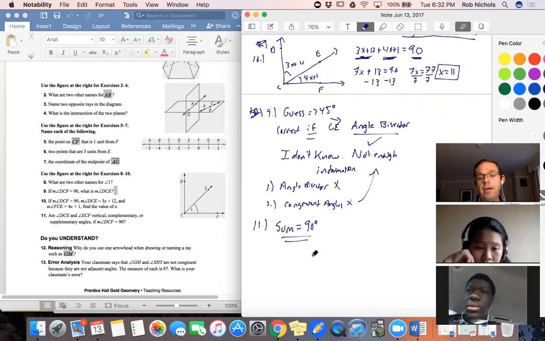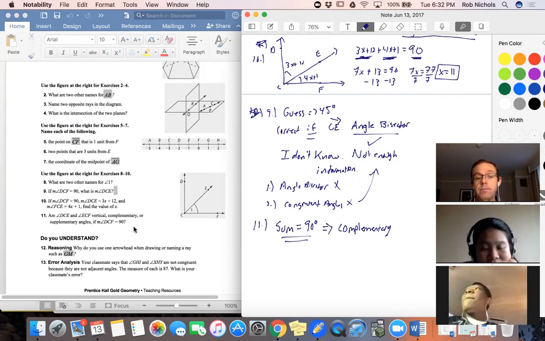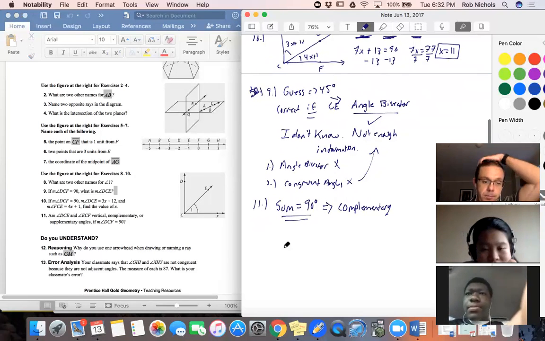If the sum of two angles equals 90, what do we call those angles? Complementary. Now, if they added to be 180 degrees, what would we call the angles? Supplementary. Yep. Those would be the different terms.